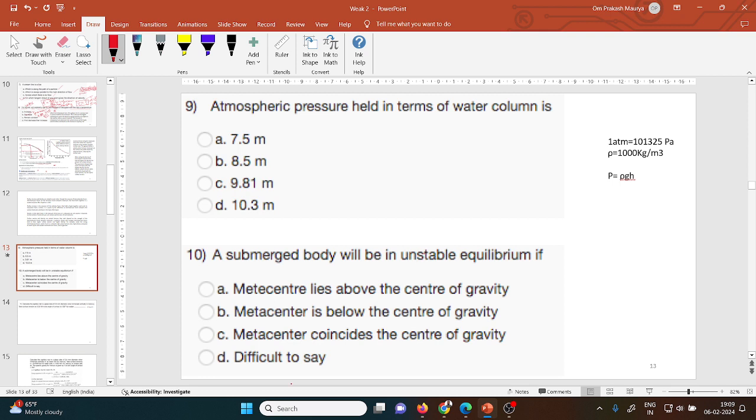So, atmospheric pressure held in terms of water column. This is a little bit twisted question but important. The atmospheric pressure held in terms of water column. Option A 7.5, B 8.5, C 9.81, D 10.3.